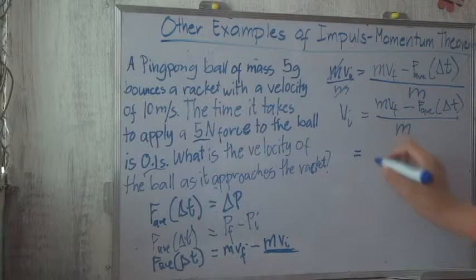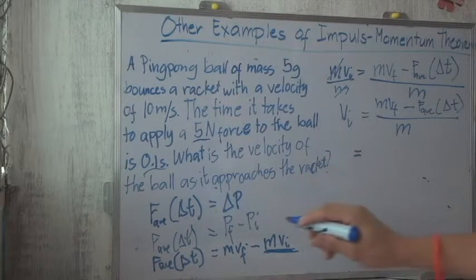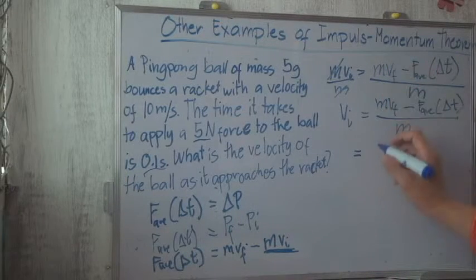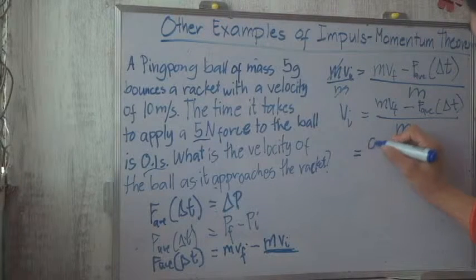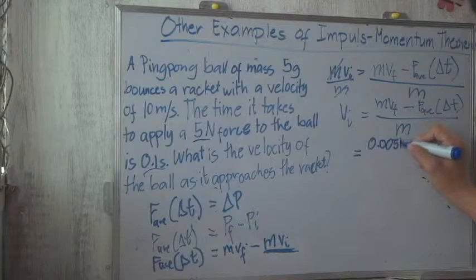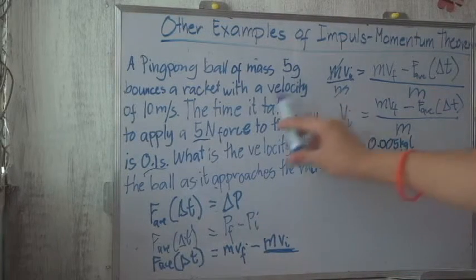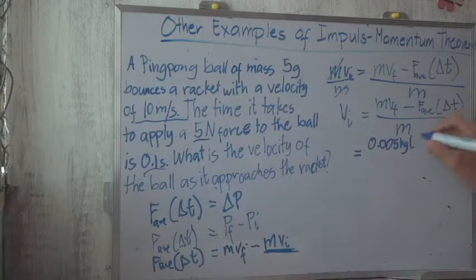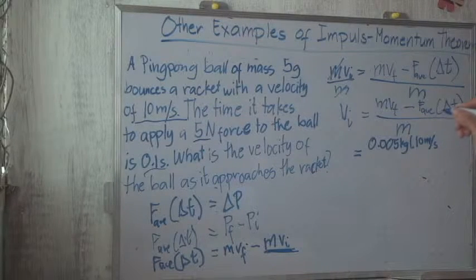So, narata equation, input na nato ang atong mga given. So, atong mass, itong kaganiya, nga kilogram atong gamiton, 0.005 kilogram times velocity nga final, natay final velocity nga 10 meter per second.